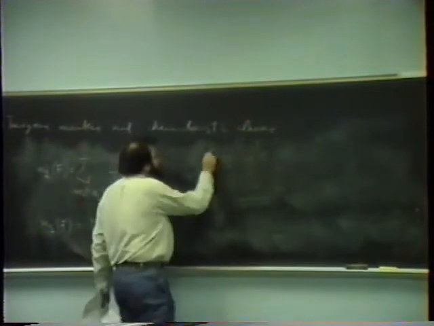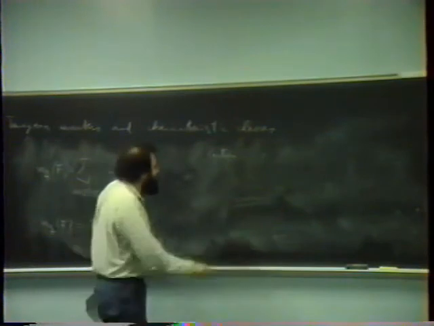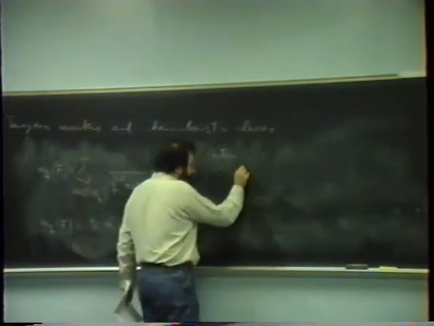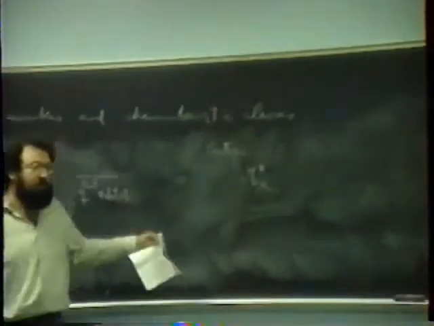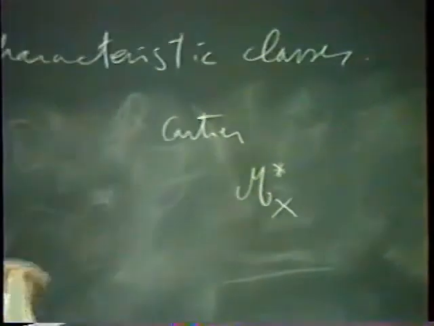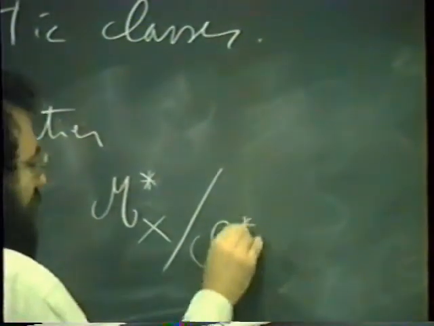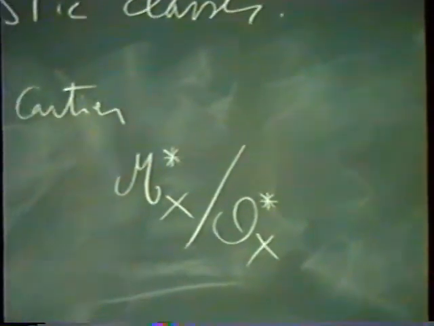If you think of Cartier divisors, they are essentially the global sections of the units of the sheaf of meromorphic functions, let's say, or rational functions, modulo the units in the structure sheaf of holomorphic functions.